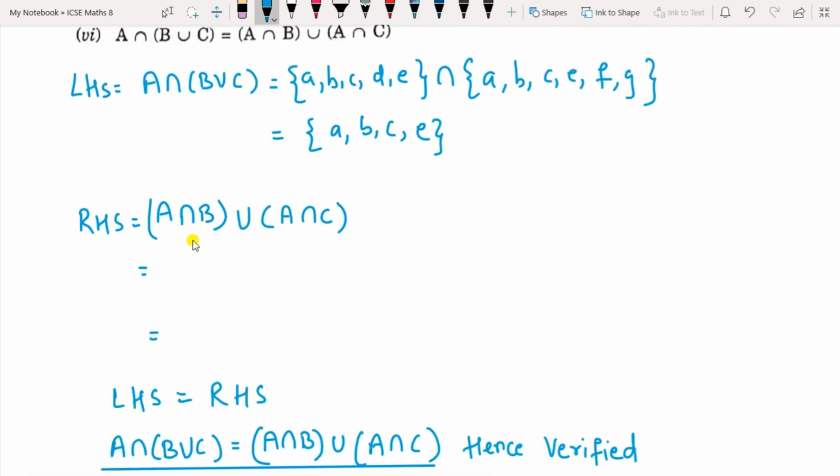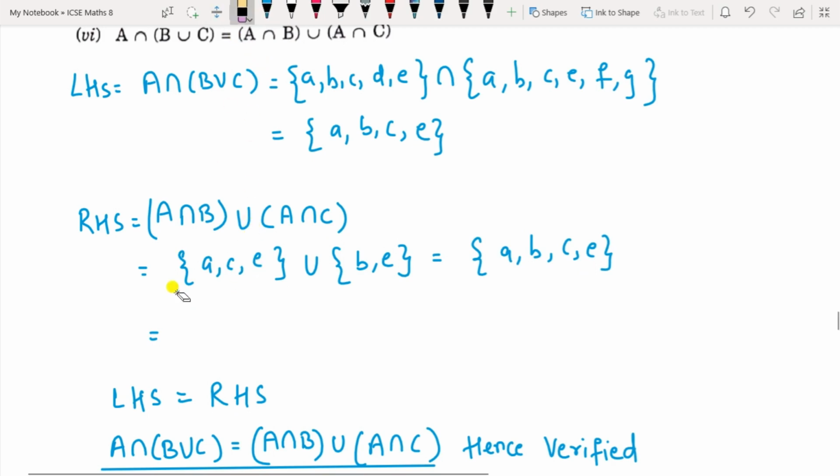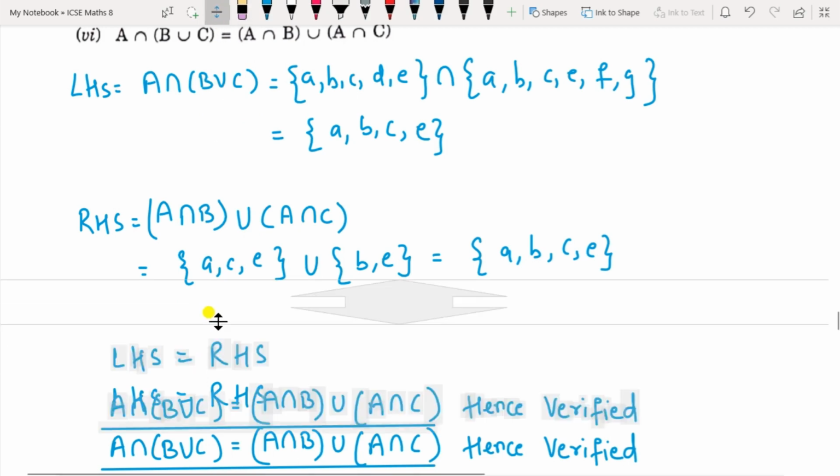The union of these two here will be A, C, E, and its union with A intersection C is B, E. So their union will again be A, B, C, E. So here LHS equal to RHS, therefore we can say that the given question is verified.